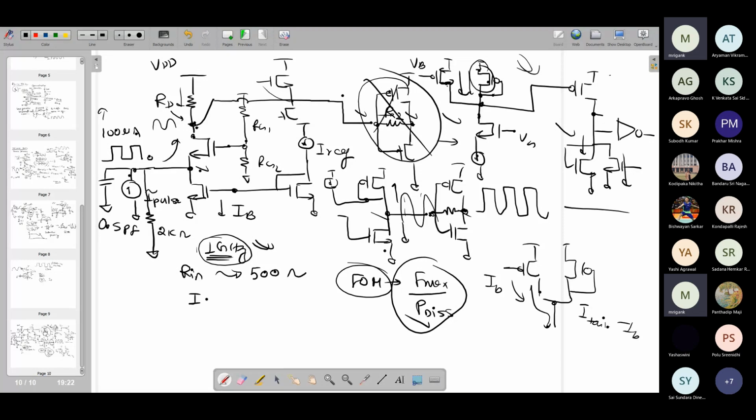If you make it 50 micro, 10 micro current, bias current, and length, etc. is large, you can still get large gain in a single stage. Only thing is bandwidth will be limited.